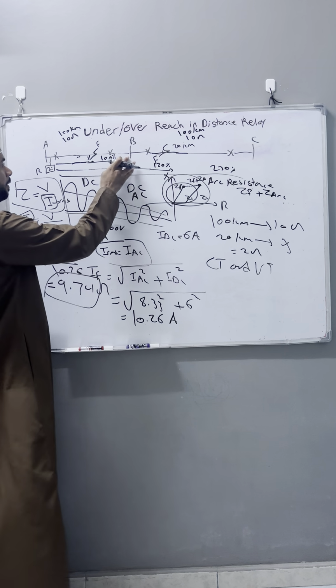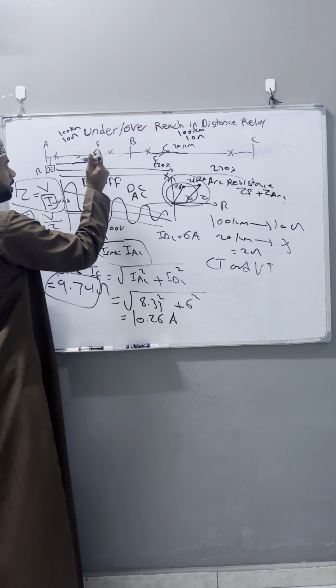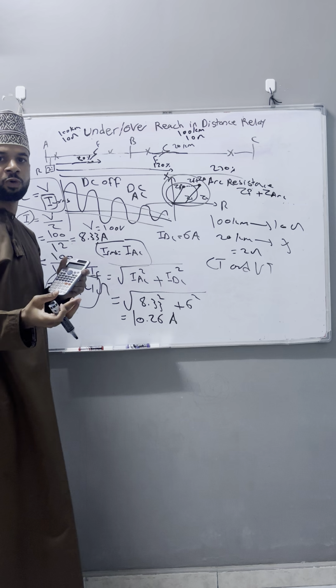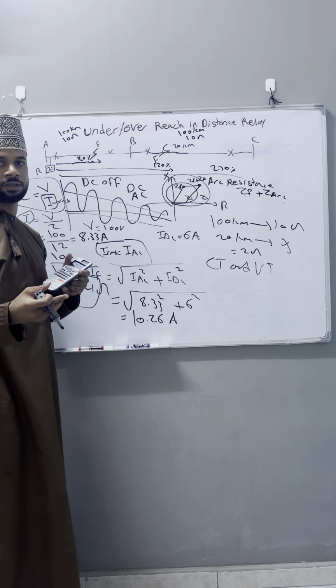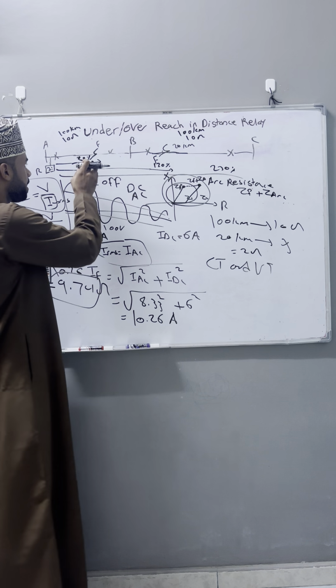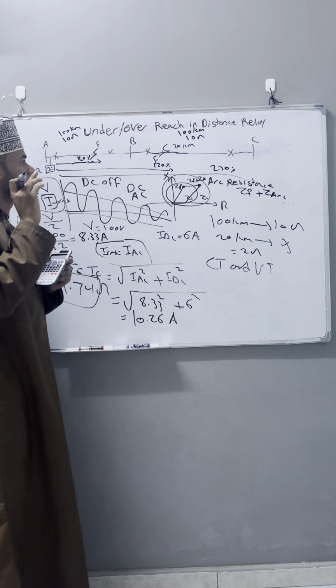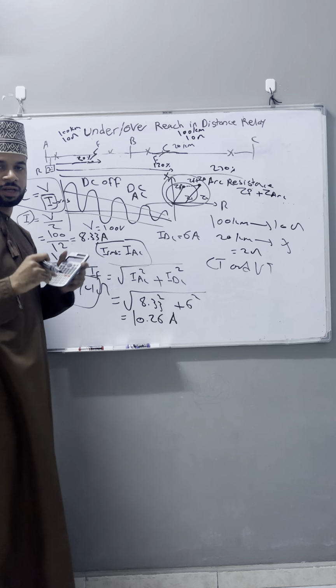So that's why I make zone 1 only 80 or 85 percent, to avoid any maloperation of the distance relay, any underreach and overreach.